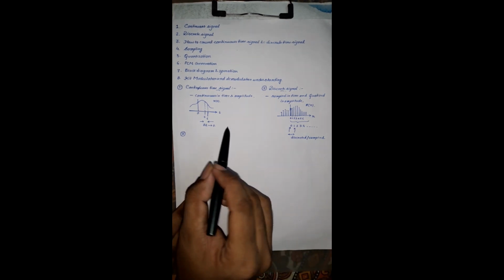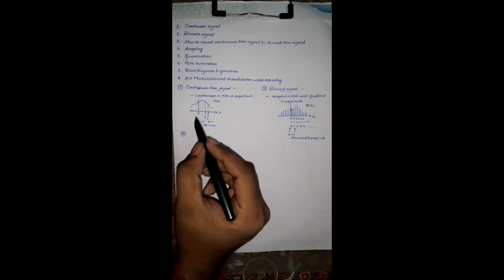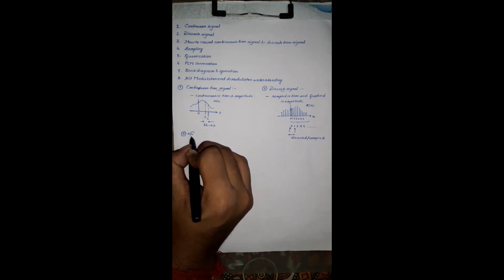Now the question that generally arises, the basic funda of our topic, is how to convert this continuous time signal to a discrete time signal. The answer is sampling. That is 3 plus 4. We are merging two topics together.